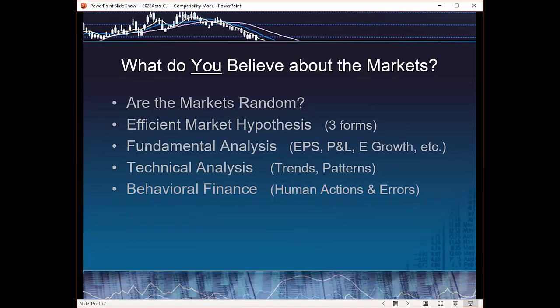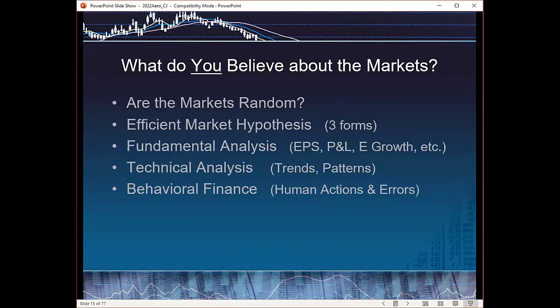Are the markets random? Do you have an opinion about the efficient market hypothesis and its 3 forms? Do you have an opinion about fundamental analysis and the value it might give in analyzing markets or opportunities? Technical analysis: what useful beliefs do you have about it?